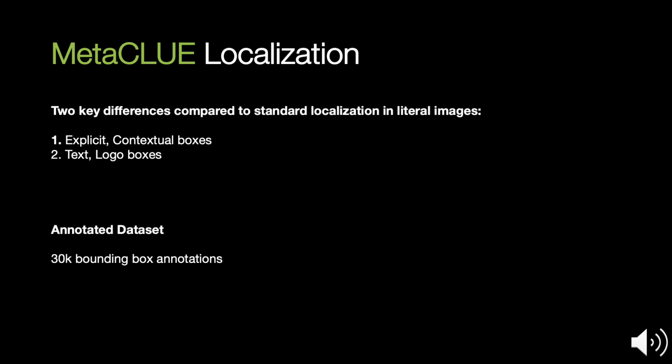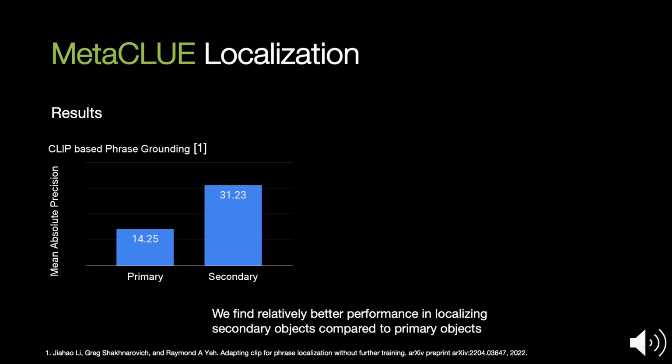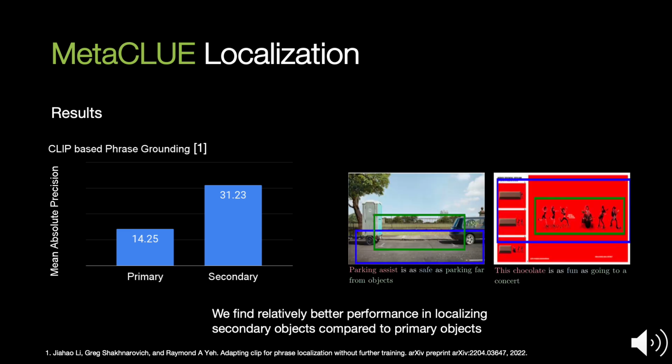We collected over 30K bounding box annotations for this task. Here are some examples of diverse bounding boxes from our annotations. We find relatively better performance in localizing secondary objects compared to primary objects. Here are some sample results where ground truth boxes are shown in green, whereas the predictions are shown in blue.